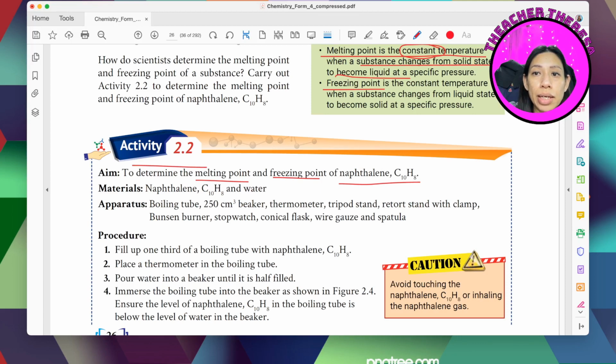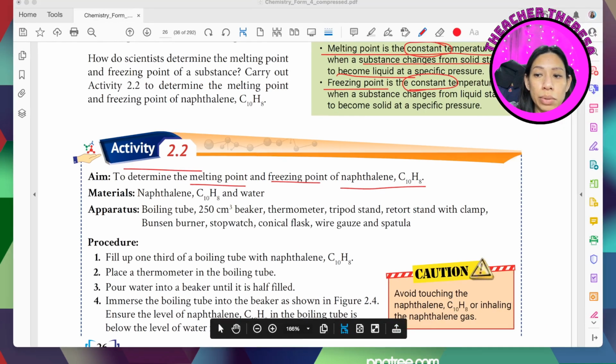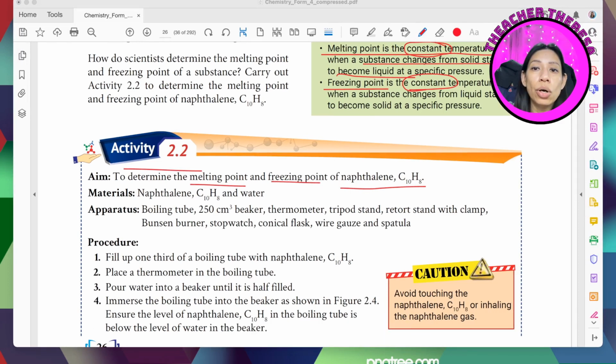Freezing point, on the other hand, is also a constant temperature. Why do we say constant? Because any substance will have only one melting point and freezing point. So there are no two substances in the world with the same melting point and freezing point; every substance is unique.